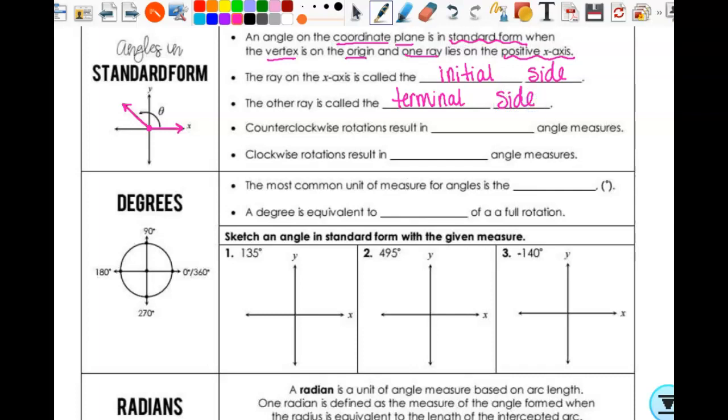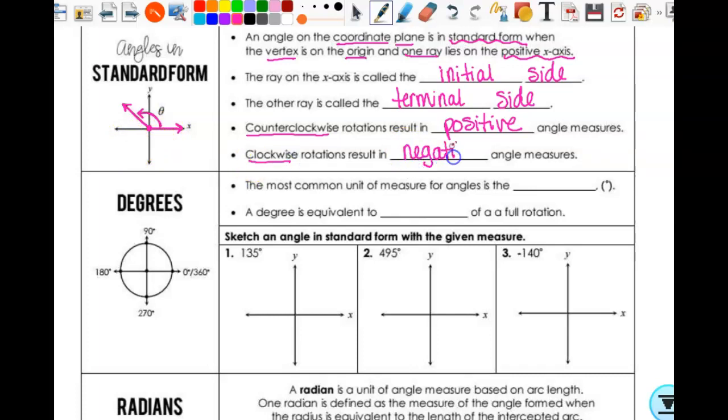The terminal side is where we end. Okay. So in this one, you can see this arrow. It shows that we start here at 0. We open up this way to get our theta. That is a counterclockwise rotation. A counterclockwise rotation results in positive angle measures. If you go clockwise, you end up with negative angle measures.